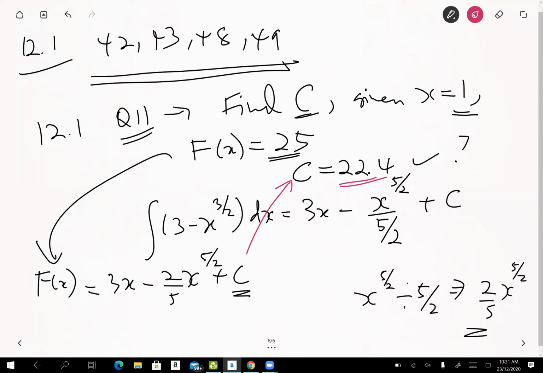Now we look at 12.4. I'll go to example number 1. Like I said here, it's the concept of antiderivative. So 12.4, example 1, you have here marginal cost.